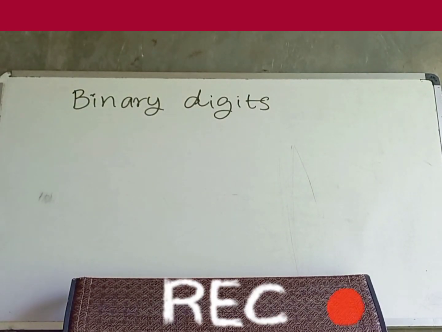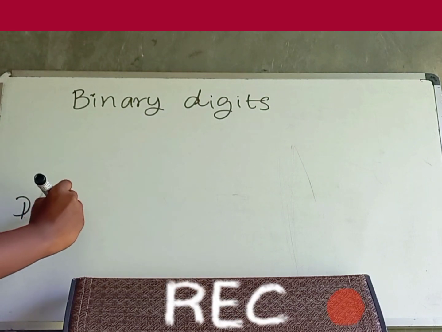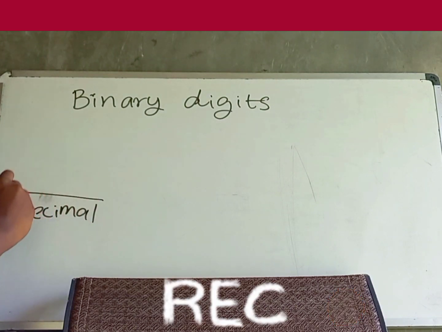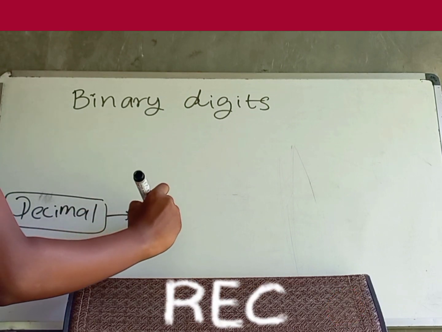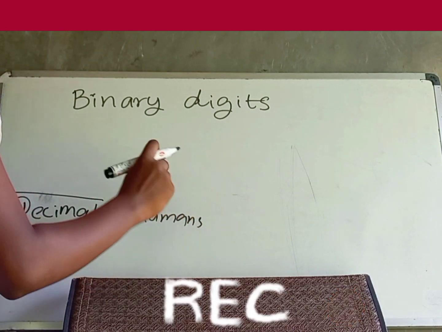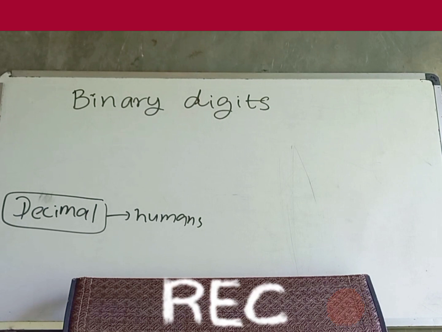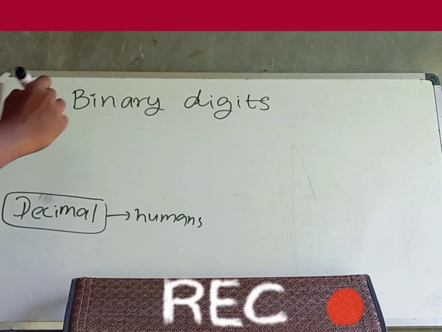Us humans are familiar with the number system called decimal number system. But computers are familiar with the binary number system. So let us take a look at the binary number system.